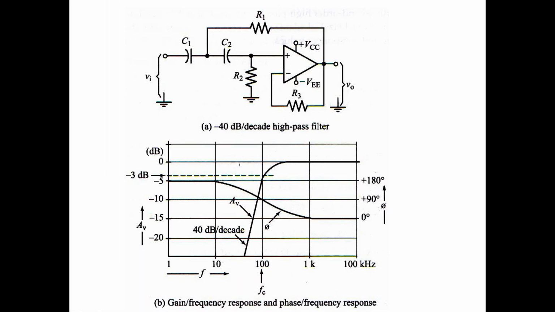So this is the circuit diagram of the high pass filter, and again the gain versus frequency response and the phase versus frequency response are also shown.